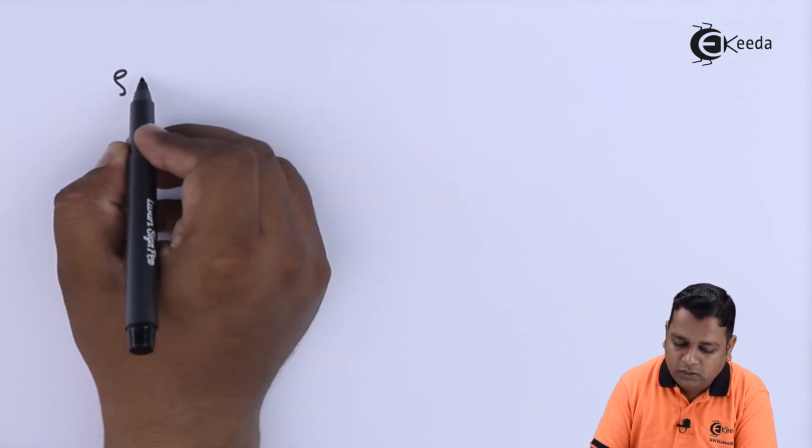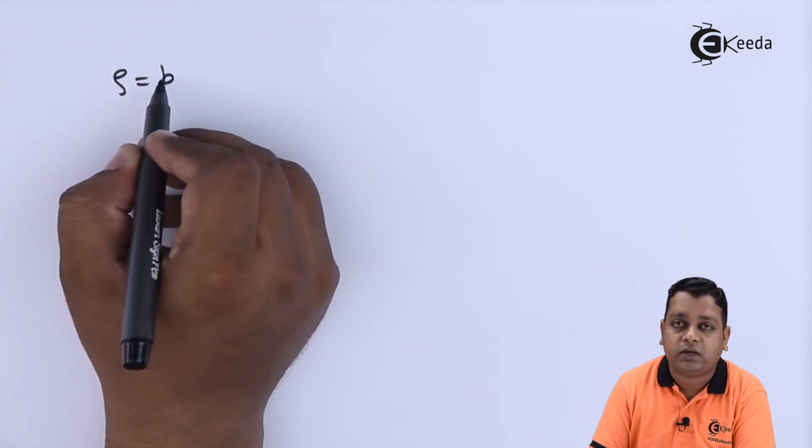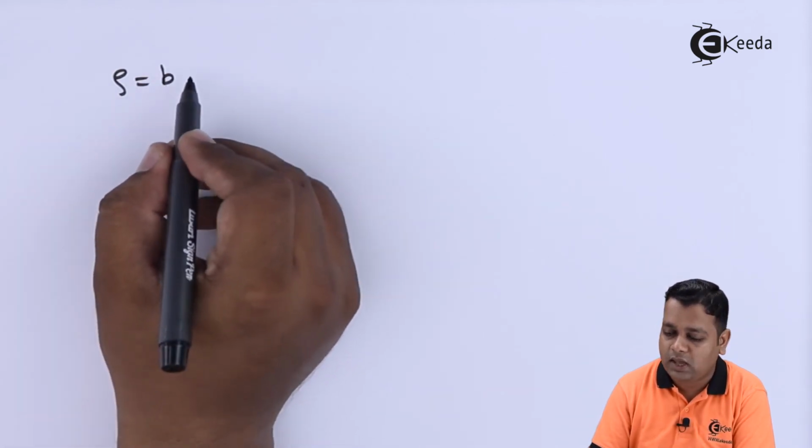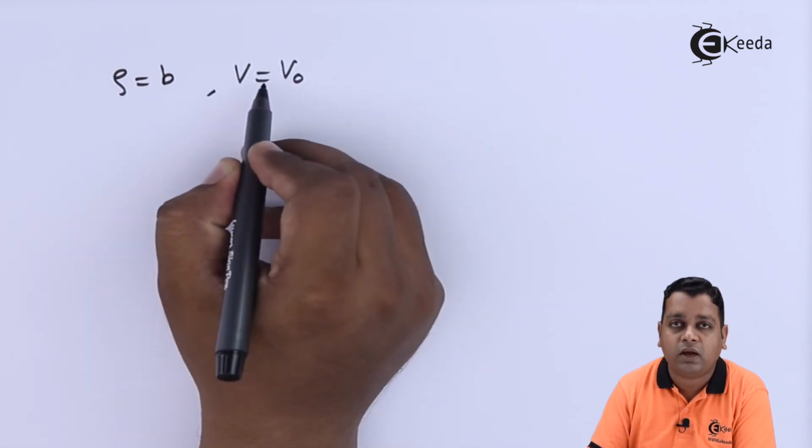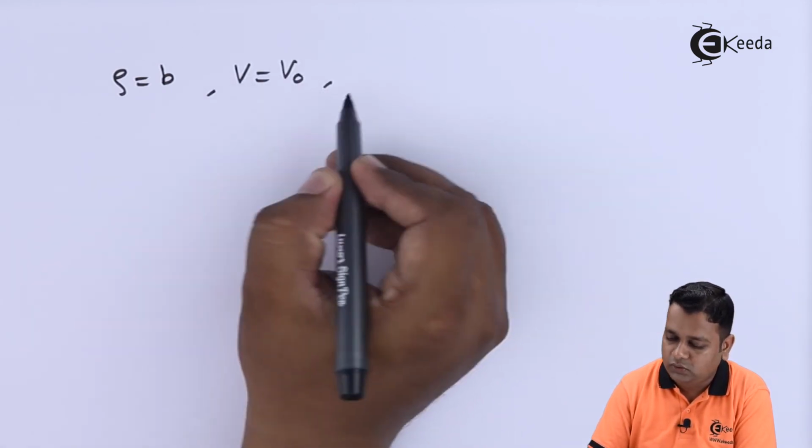Now for the condition to only graze the anode, we can have the substitutions. So rho is equal to b, that is the radius of the outer shell, that is the anode. We can have the potential V substituted by the applied potential V0.